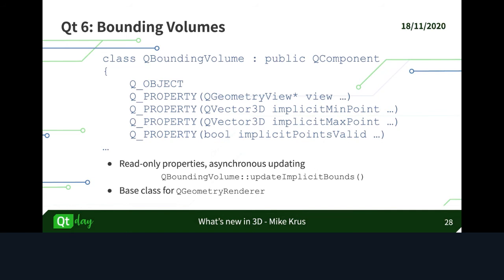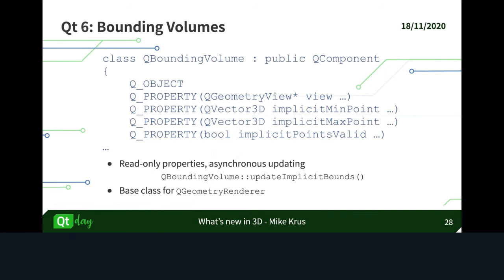Now there's also a Boolean property that says, are those implicit points valid? The reason for that is that the calculation of the bounding volume is done in a job, and so that's done at every frame. So setting the geometry and reading those implicit minimum and maximum points is actually an asynchronous operation. So if you set the geometry, you have to wait one frame before the data on those two points becomes valid. So that's what the Boolean flag is there for.